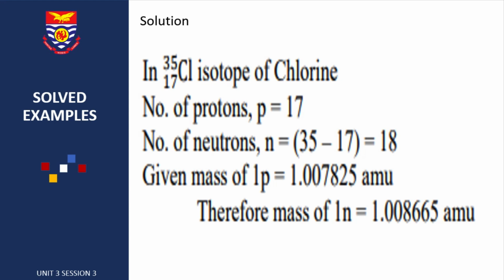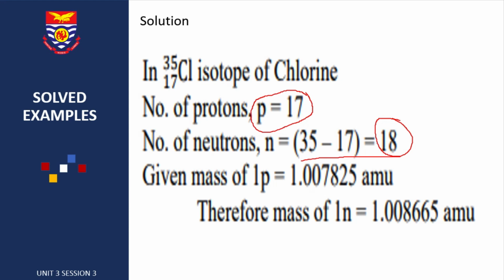To solve this problem, first of all, we find the number of protons in the chlorine, and we have 17 protons. The number of neutrons, which we are not given, we can get by subtracting the proton number from the mass number, and when you do that correctly, you get 18 neutrons.